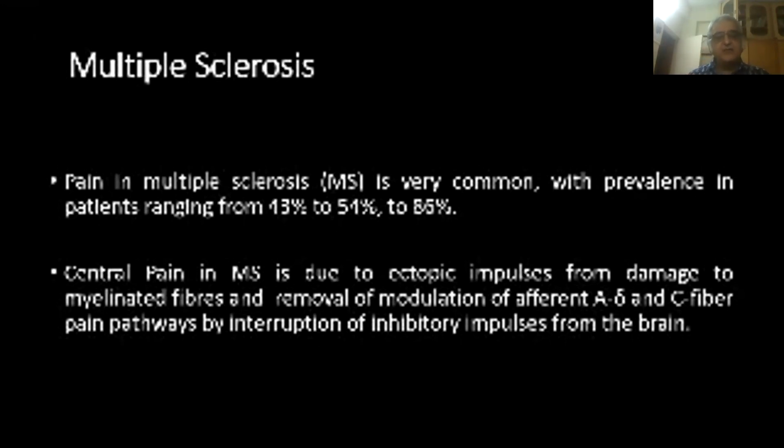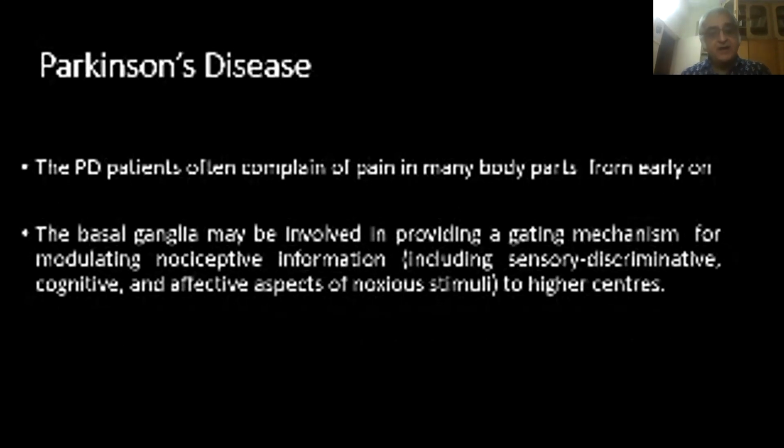This is because of the damage to the myelinated fibers, removal of the modulation of the afferent A delta C fibers, and interruption of the inhibitory impulses from the brain. It's common. We have to be aware of it. In all patients of trigeminal neuralgia or any other neuralgia, we have to always rule out multiple sclerosis.